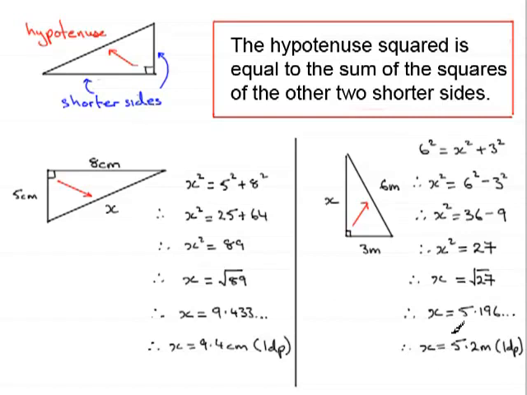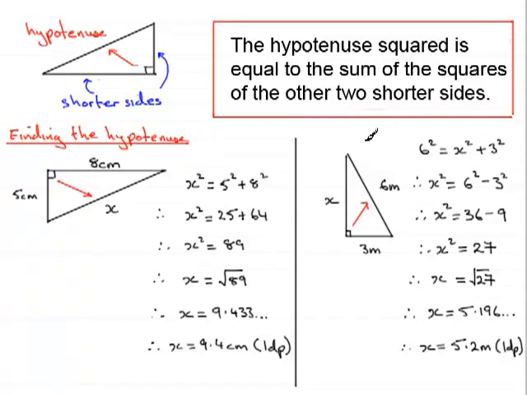Okay, so we have 2 examples here. The first example was about finding the hypotenuse, so we'll just write this in here, finding the hypotenuse. And when you find the hypotenuse, remember that x squared, the hypotenuse squared, equals the sum of the squares of the other two shorter sides.